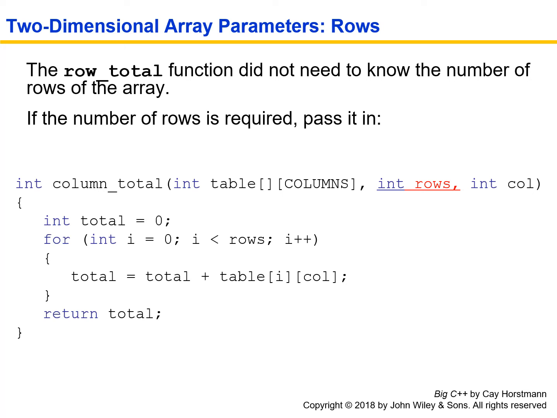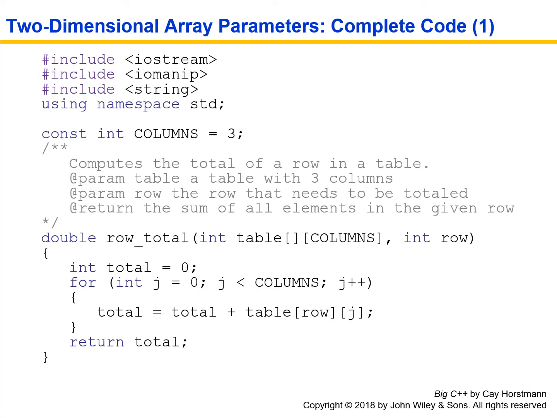We just add a parameter that tells it how many rows the table has. And then you would tell it which column you want to sum up, and it would skip around from row to row looking for that column. Maybe column is 1, so we'd go to column 1 in each row in the table.